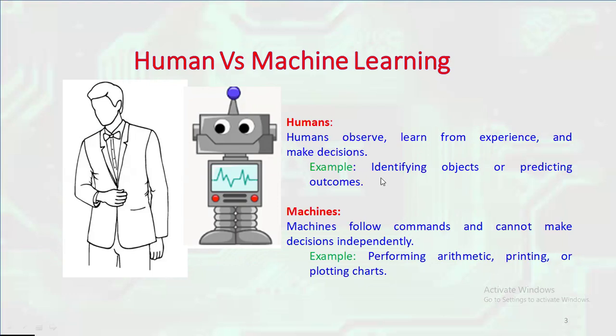Machines, by default, are task oriented and function strictly according to the instructions given by the programmer. They can perform calculations, display data, and create charts, but they lack the ability to make independent decisions unless empowered by machine learning. For example, a calculator can only perform operations it is programmed to execute.